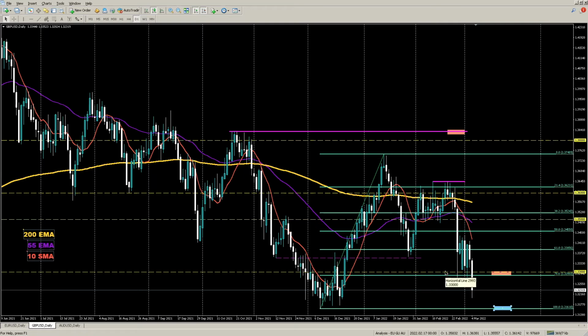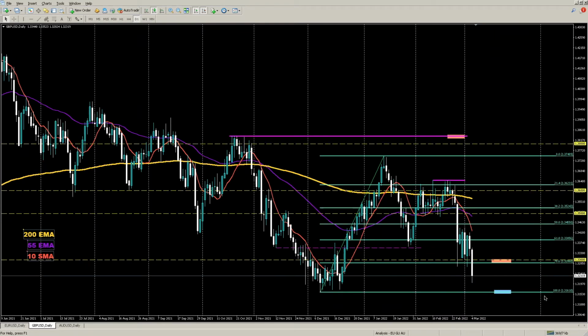And it has finally fallen through the 133.00. Swing low is at the 131.60 area.